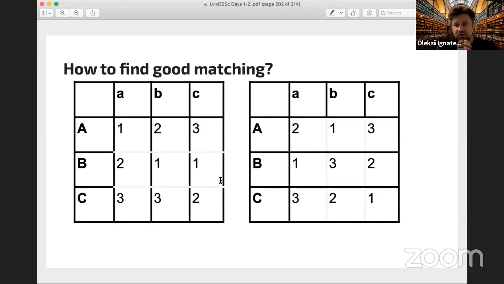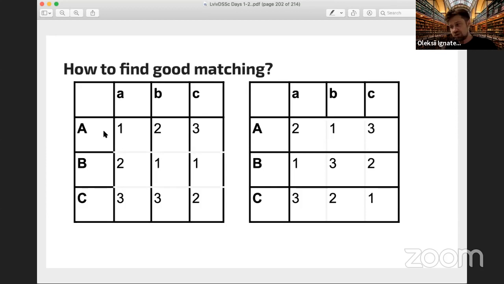So we have two sides. For example, let's say small a, b, c would be, I don't know, males, and big A, B, C would be women, and they have some preferences over the other set, and we want to propose a matching.